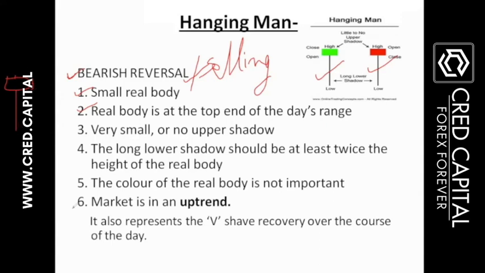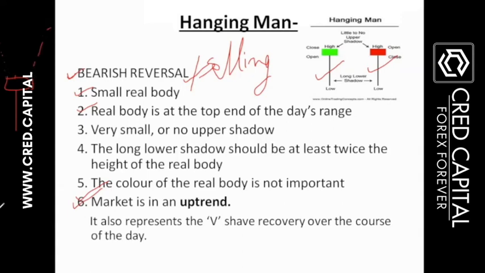Okay, the basic difference between the hanging man and the hammer is the trend. You have to see what trend is prevailing in the market, and according to that trend you take your trade. If the market is in a downtrend, it will be called a hammer, and it will take your market towards the buy side.